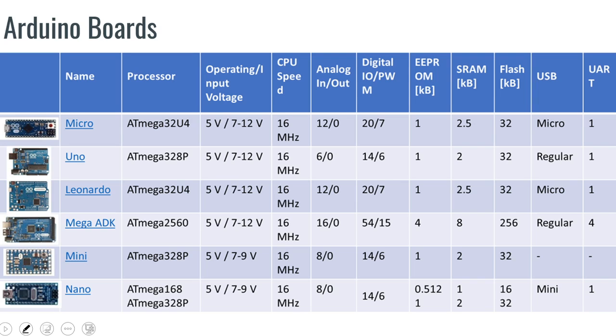So if you want to build a particular digital control system and you need a certain amount of analog input-output, say for example, if you need a fairly higher number of analog input-output, you may have to go with something like the Mega board. If you don't need a lot of analog input-outputs, you can go with something that has fewer analog inputs. So you would think about those as well when you are choosing a development board for your projects.